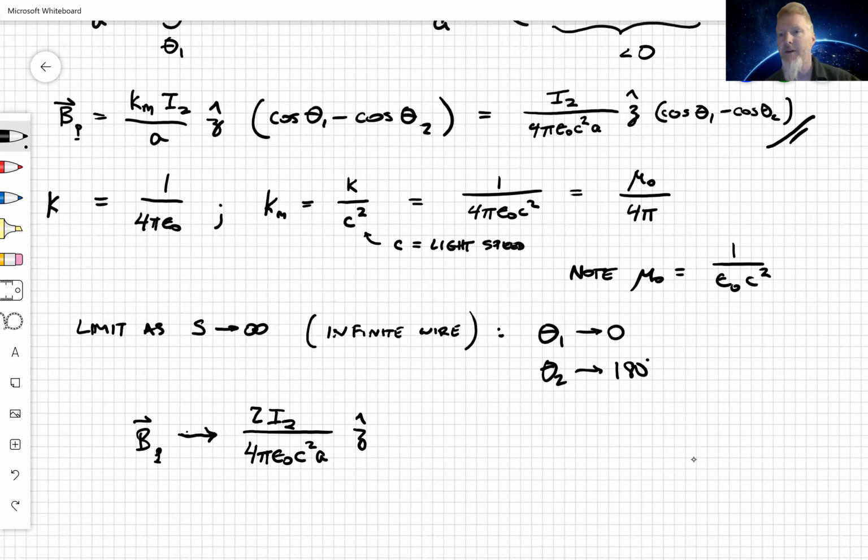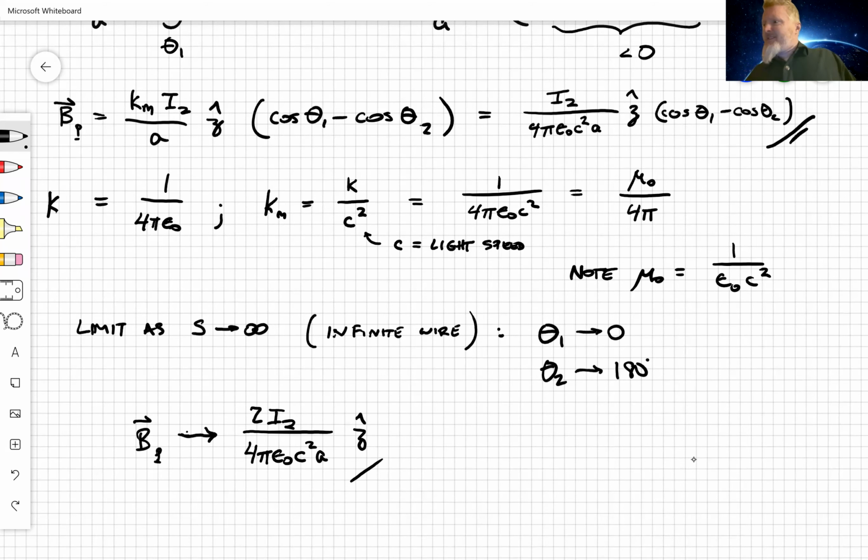So it just sticks a 2 there. There you go. All that for that. Okay, so that's how you use the rule of Biot-Savart, or the law, if you like.